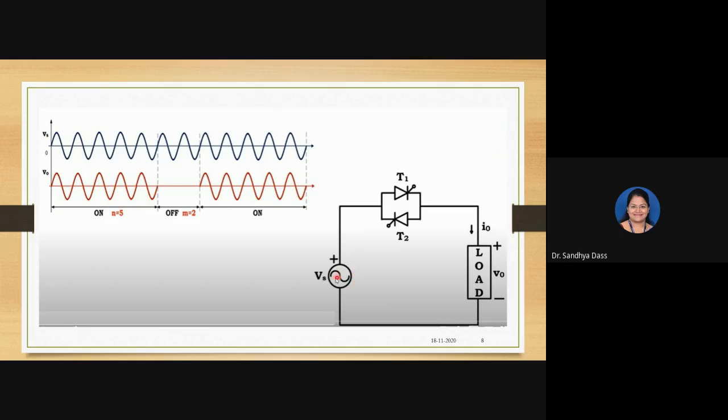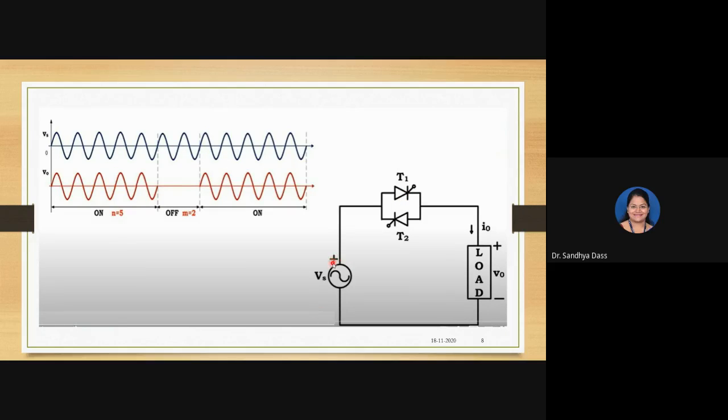When the supply is reversed, that is during the negative cycle, this terminal will be negative, which will turn off T1. We call it line commutation, or natural commutation, because of the property of the signal, which helps the power device turn off automatically because of the reverse bias condition.